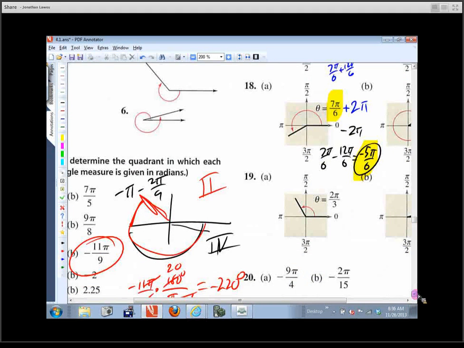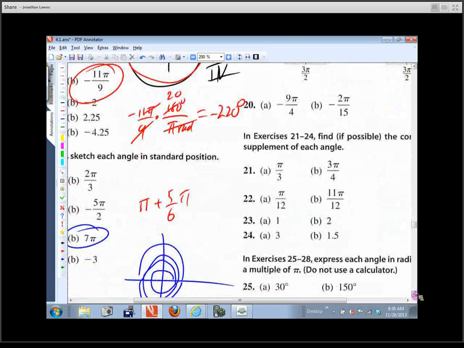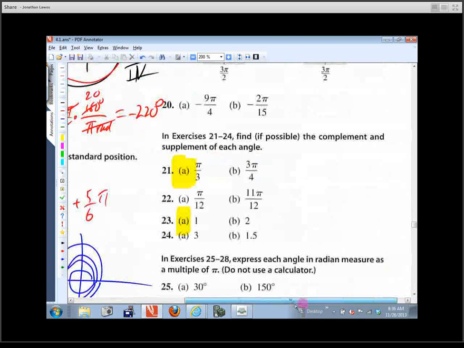Now let's do 21. Let's do A of 21 and A of 23. So let's do these two right here. It says, if possible, find the complement and the supplement. So think about pi thirds. Can you find a complement for that?